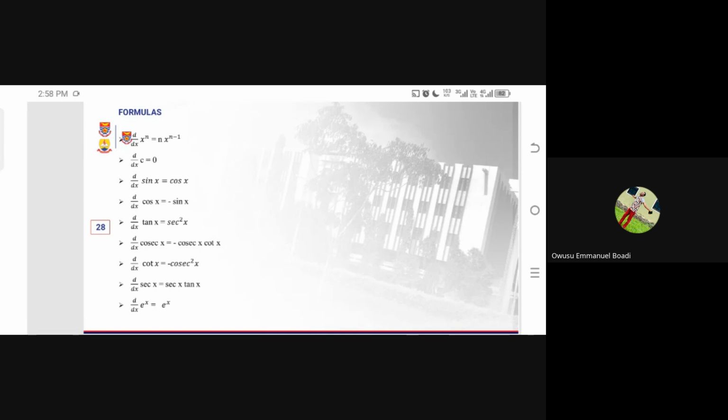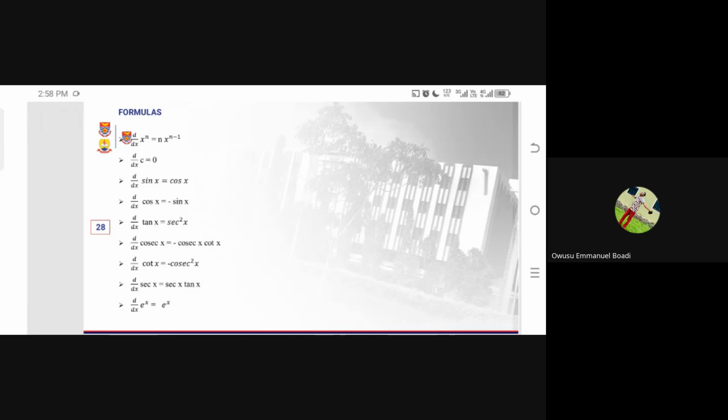So these are some formulas that you can keep for how to differentiate. Here we are seeing cosec x, cot x, and how you differentiate them. They are identities, so they've been stated here. When you have x to the power n, the derivative is n x to the power n minus 1. When you differentiate a constant, it is 0. When you differentiate sine x, you get cos x.